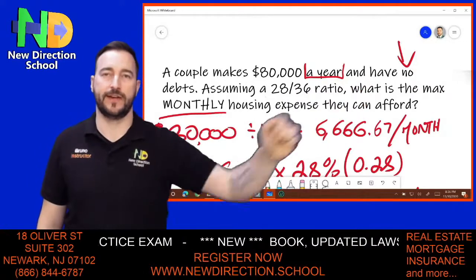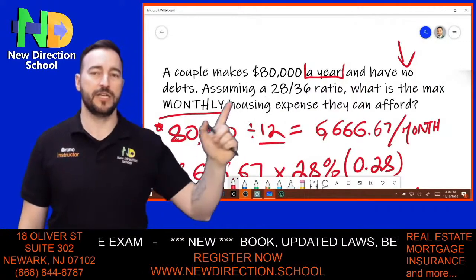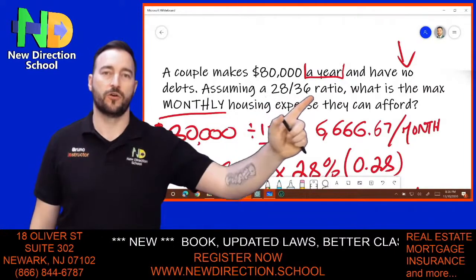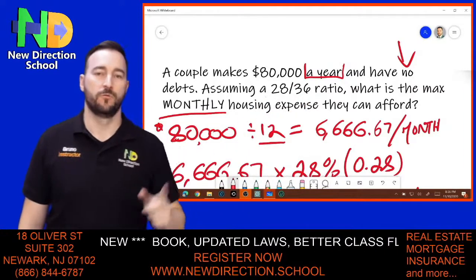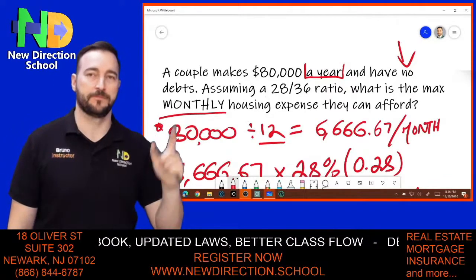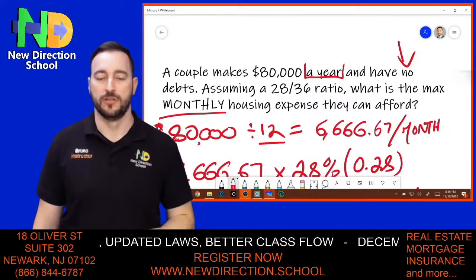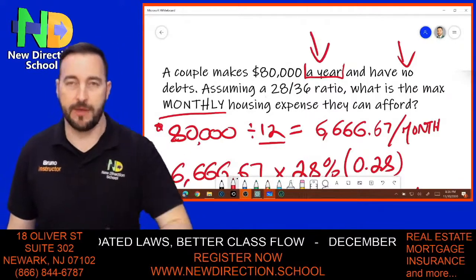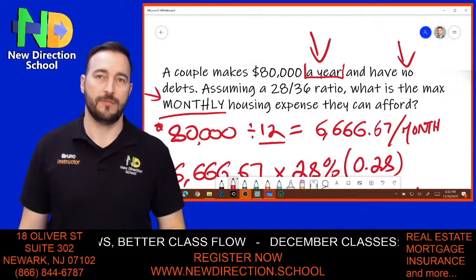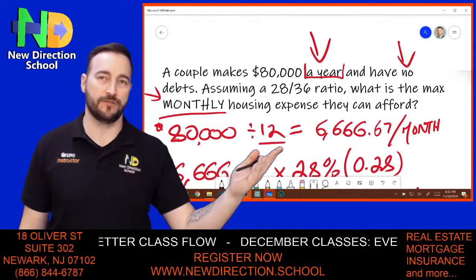And then assuming a 28-36 ratio, what is the maximum monthly housing expense they can afford? If they're giving us a yearly amount, and we need a monthly amount, at one point we need to divide by 12.